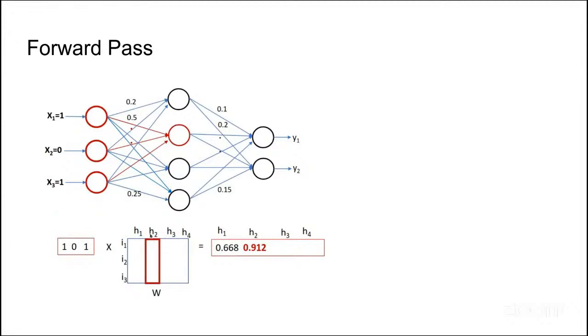If you want to calculate the value of neuron H2, you take this vector and multiply with the H2 vector in the W matrix, and that's how you get 0.912.